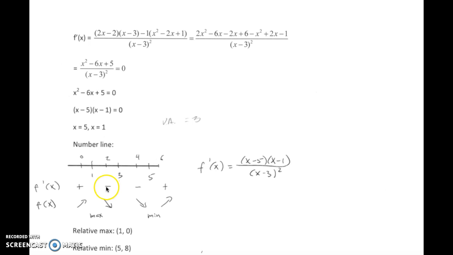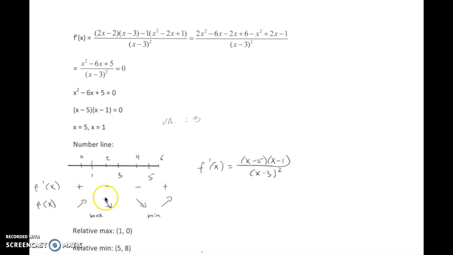So notice on either side of our vertical asymptote, it's both negative. And then on the right side of 5, we plug in the number 6 and we get a positive value.